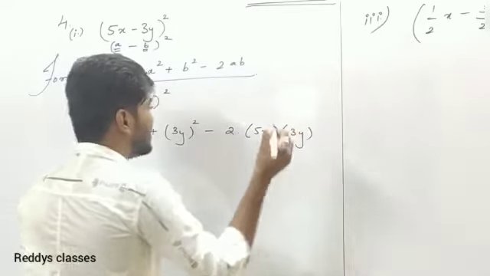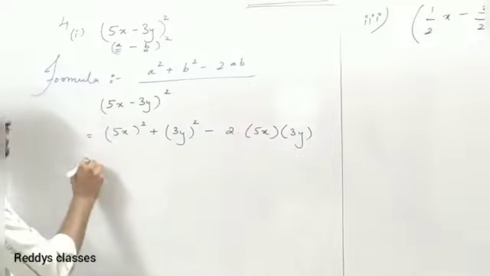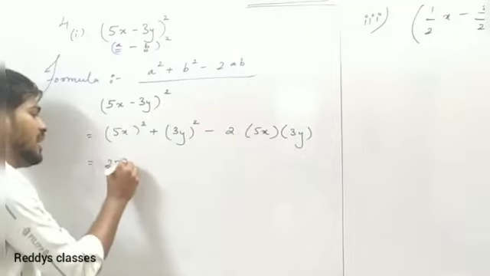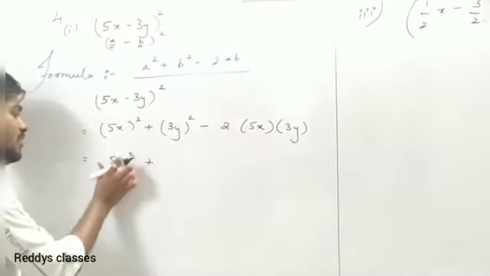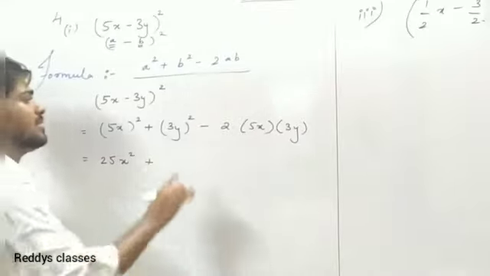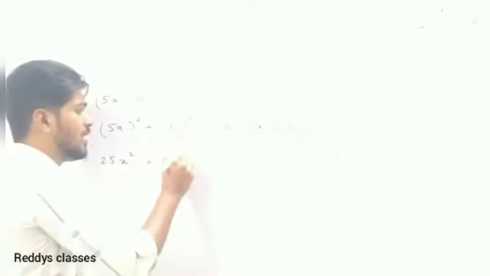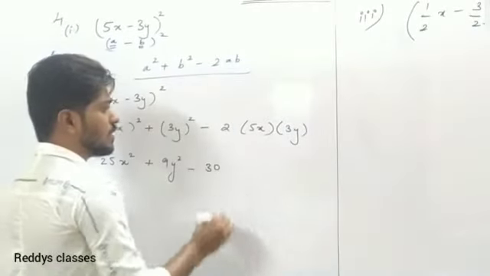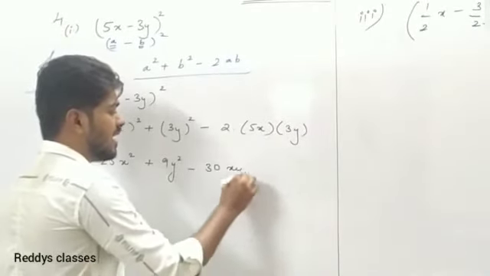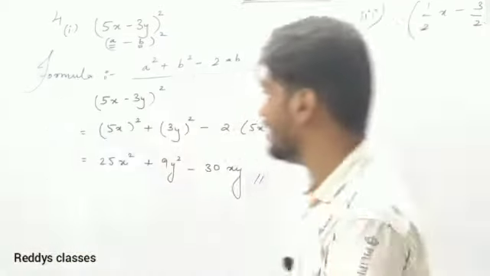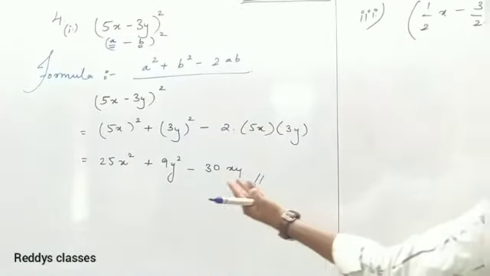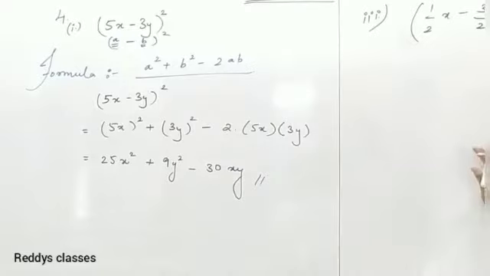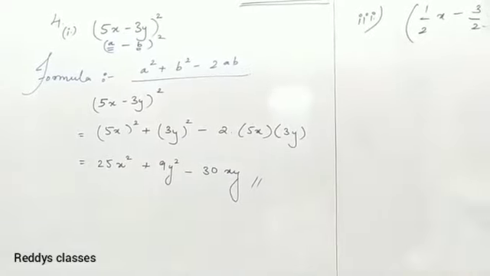I have 5 square is 25 x square, plus 3 square is 9 y square, minus 2 times 5 times 3, that is 30 xy. So we have 25x square plus 9y square minus 30xy. That's it. Let us go to the next question now.